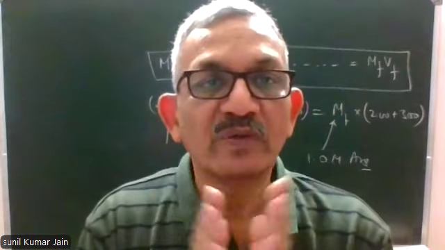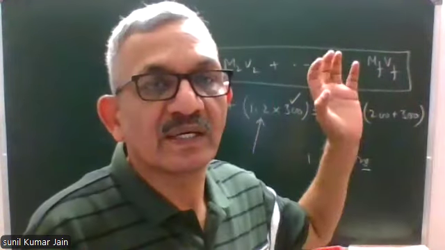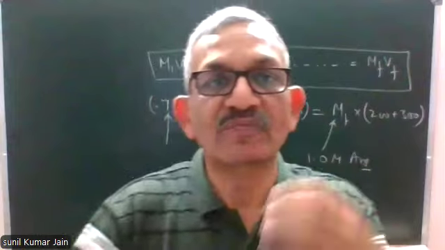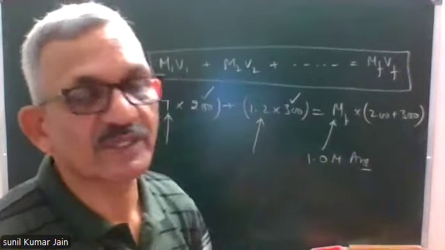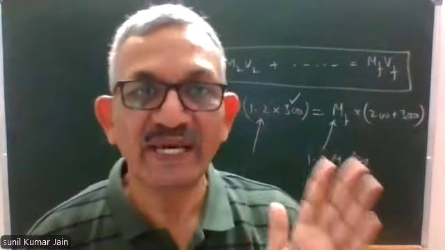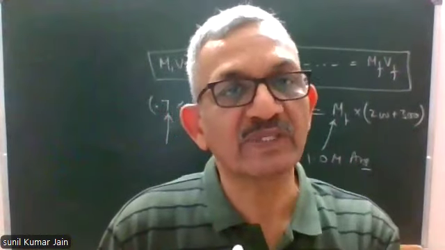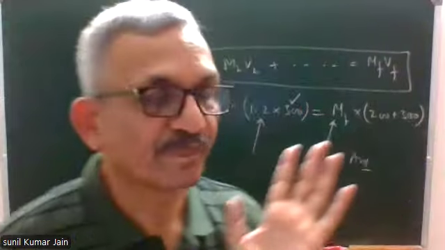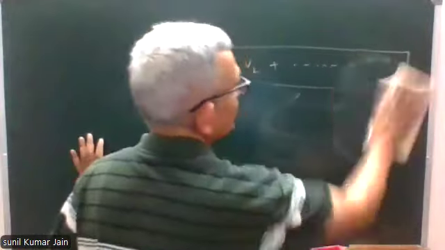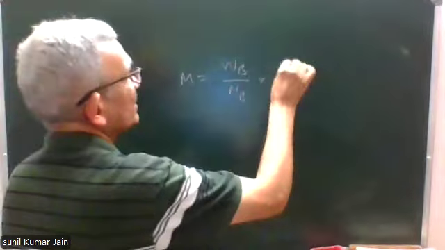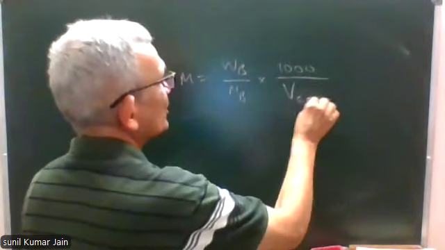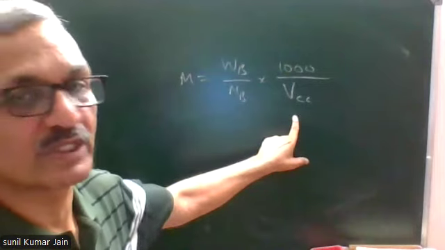Now, what we'll do is we'll combine these concentration terms with stoichiometric calculations. Generally, molarity term and stoichiometric calculations, they are mixed together for calculations. And molarity, I'm writing once again. I'll write the expression for molarity again because we will be using this frequently. Molarity is equal to weight of solute, molecular weight of solute, 1000 divided by volume of solution in cc. V cc means volume of solution in cc.